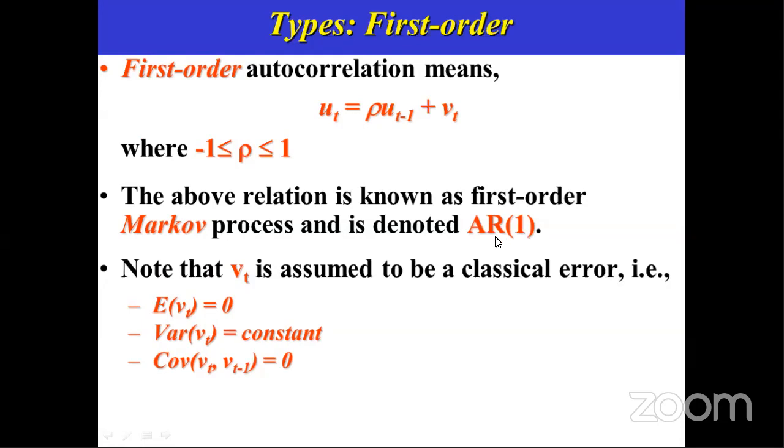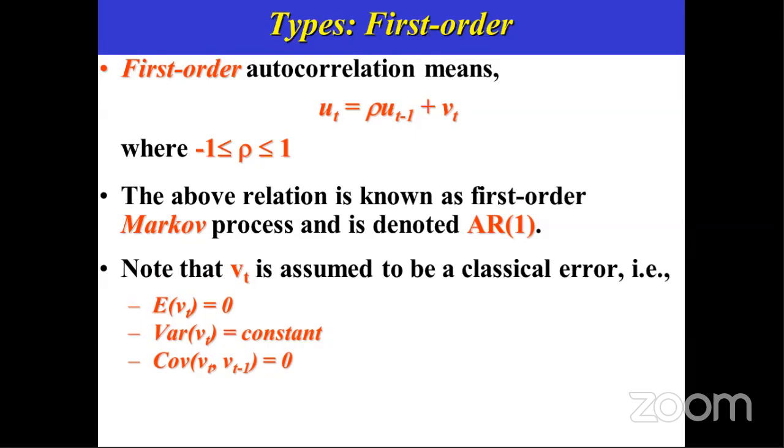You should read it as autoregressive order 1. It is order 1 because you are calculating autocorrelation by taking only t minus 1 for the error term, that is ut minus 1. And the third element in this expression is vt. This vt is the error term of this first order autocorrelation.